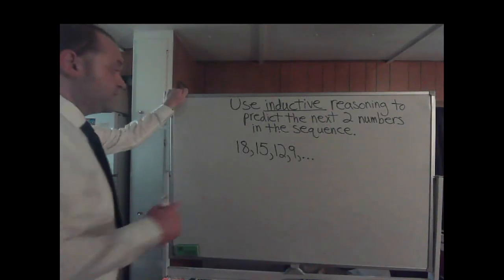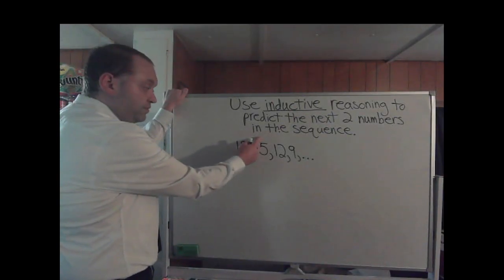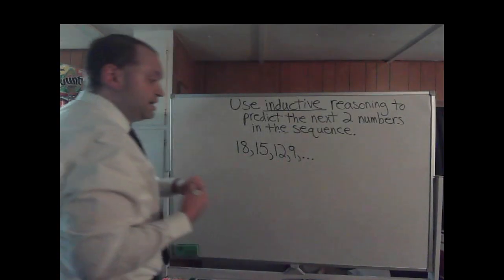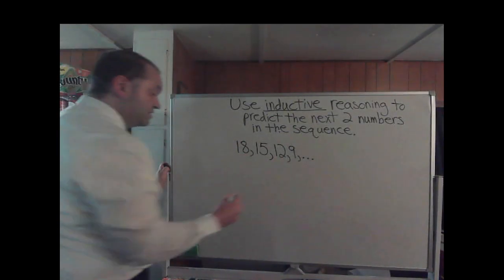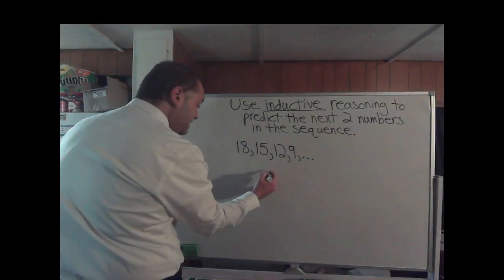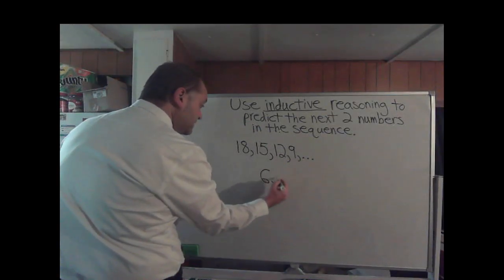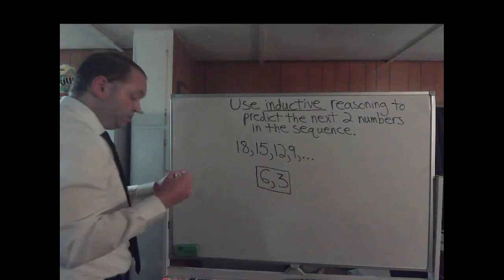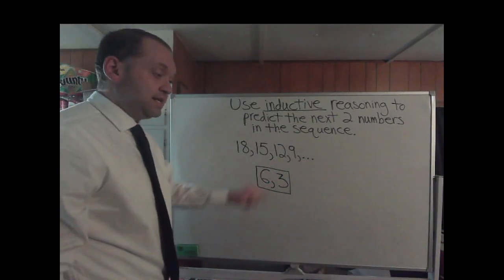But it would appear that each number goes down 3 from the last, right? 18, then 15, then 12, then 9. So based on inductive reasoning, it looks like the next 2 numbers are therefore 6 and then 3. Those would be largely what we would predict.